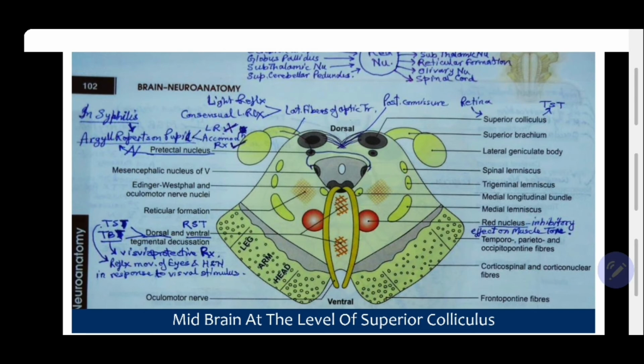While from LGB, a few fibers on the lateral root will move medially along this superior brachium and will reach the superior colliculus. Got it?